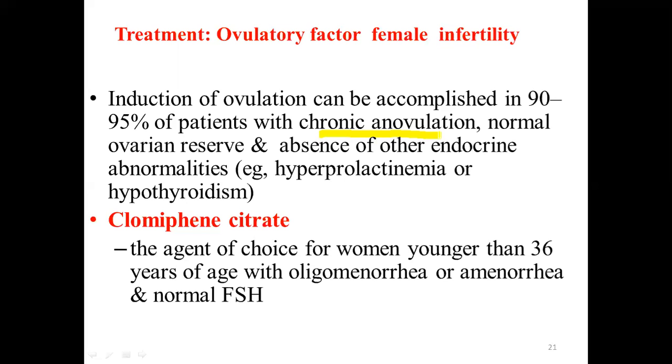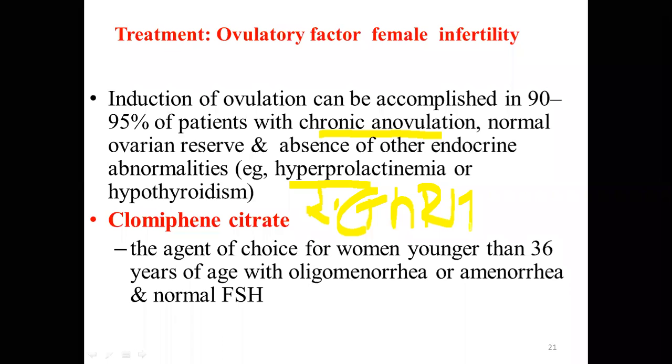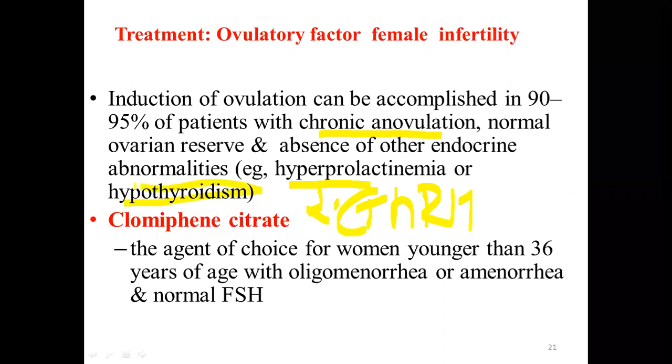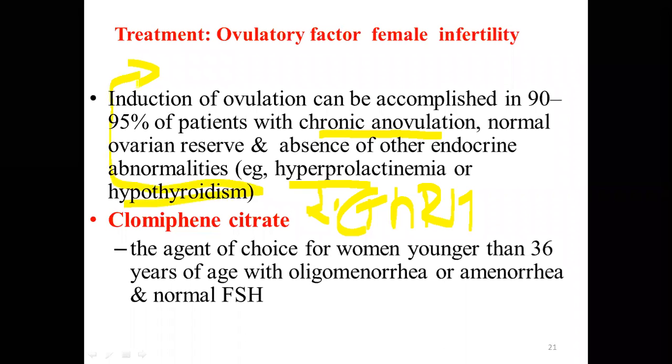But this is true in the absence of any other endocrine condition, such as hyperprolactinemia and hypothyroidism, because hyperprolactinemia can inhibit gonadotropin-releasing hormone from the hypothalamus and ultimately reduces the follicle-stimulating hormone and luteinizing hormone from the anterior pituitary, which are important for ovulation.